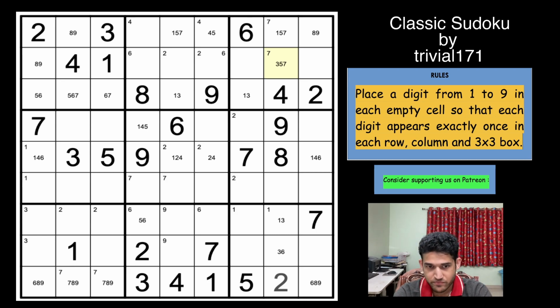Interesting. So if I look at row 2, I have an 8, 9 here. 8, 9 can't be here. So the next 8, 9 has to be here or here. We don't know where it goes.